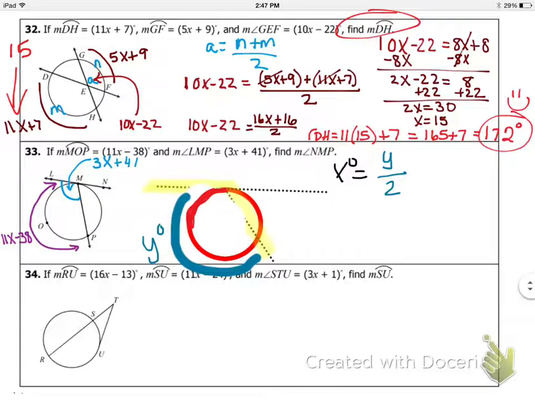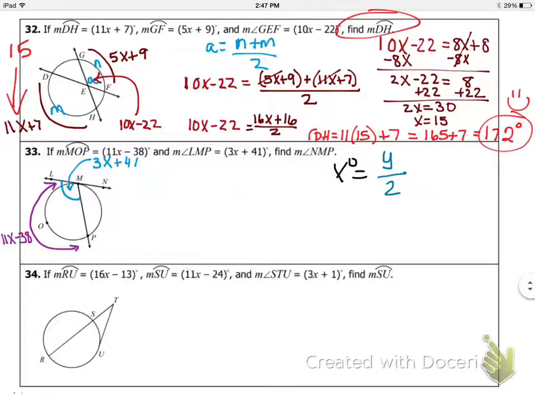The way I remember that is the measure of the arcs around the circle is 360, and the measure of the angles along a straight line is 180, so those have to be half. So the angles along the line are going to be half of the arcs.